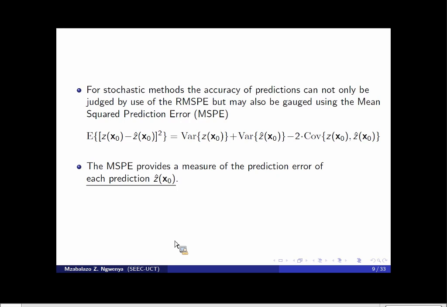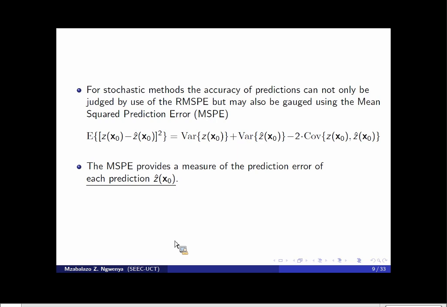Remember, our root mean square prediction error, which you obtain by cross-validation, is telling us about the overall performance of our model. With the stochastic methods, we can also say how well our model is predicting at a particular point, which can be very important.